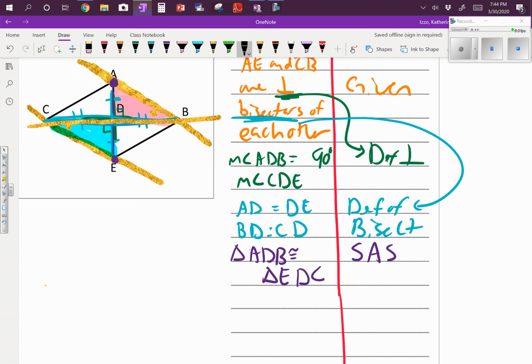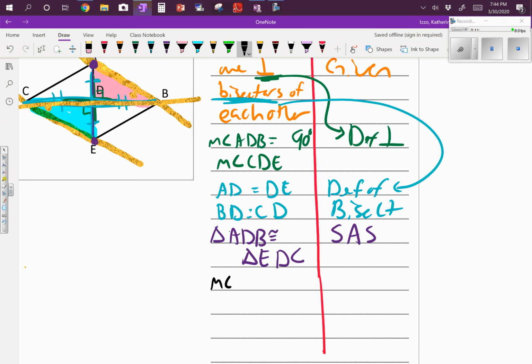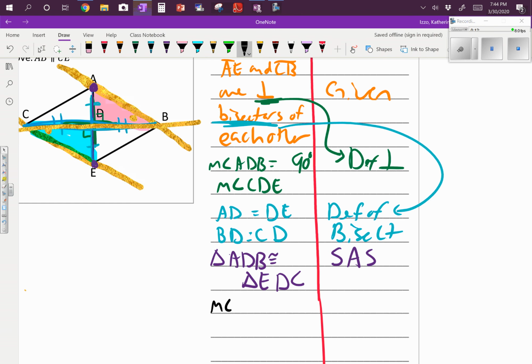So angle B is congruent to angle C. So measure angle ABD is equal to measure angle ECD. And I've proven that this guy and this guy are equal by corresponding parts in congruent triangles are congruent.